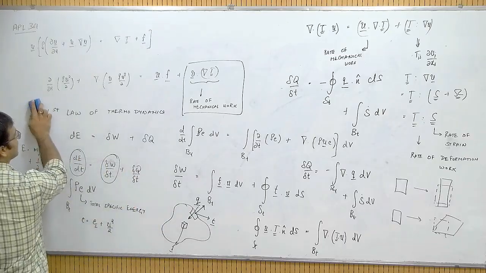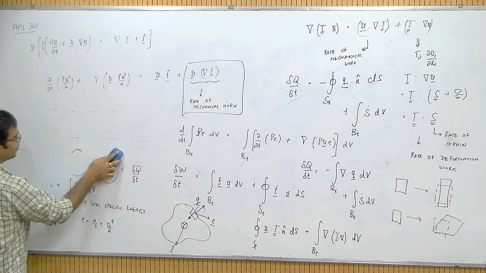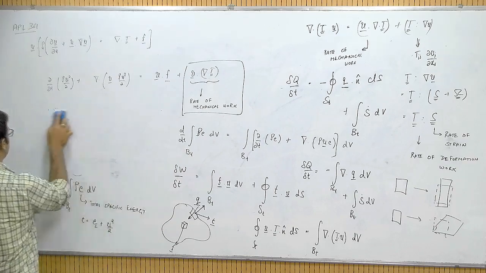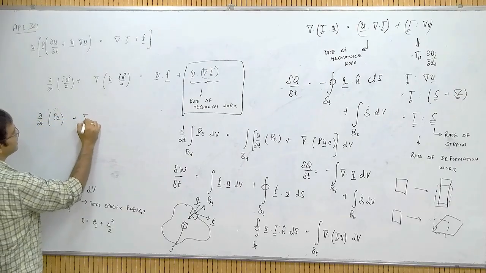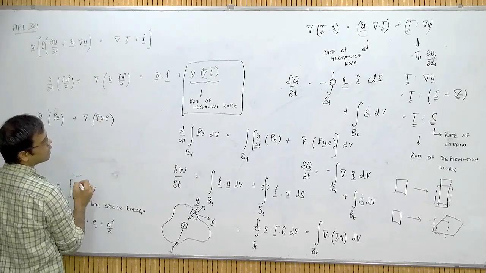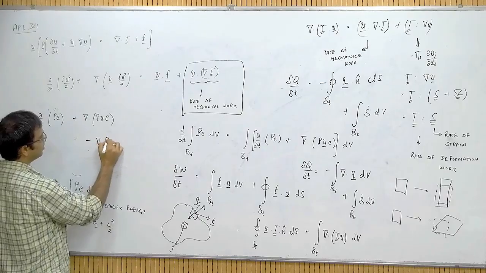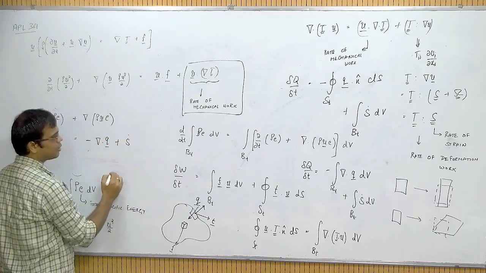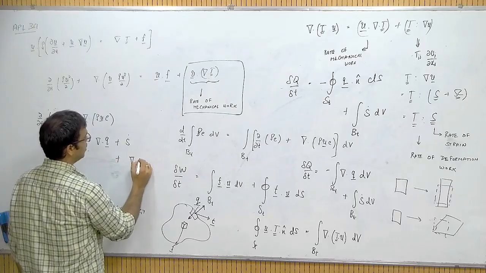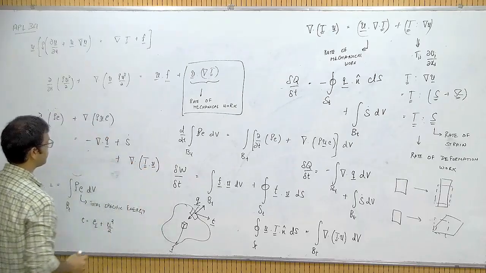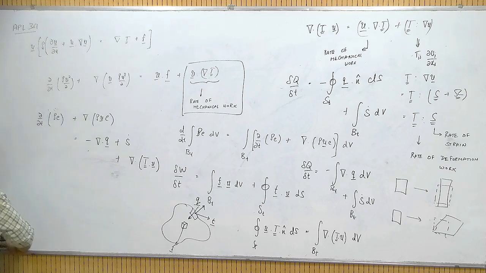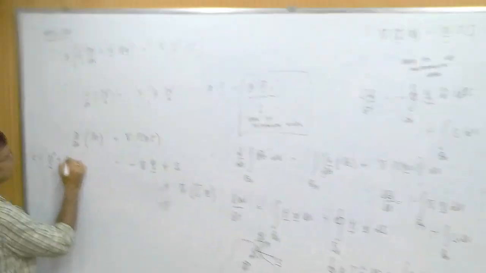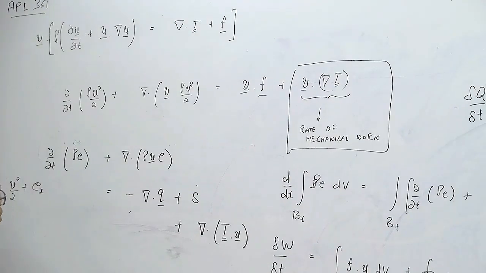And that gives us the statement of first law of thermodynamics for a fluid element, that is del by del T of rho e plus del dot of rho u e equals minus del dot q plus S dot plus del dot of T dot u, where this e is again u square by 2 plus e_i, which is the specific internal energy.